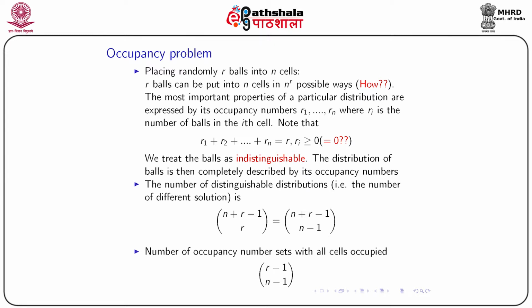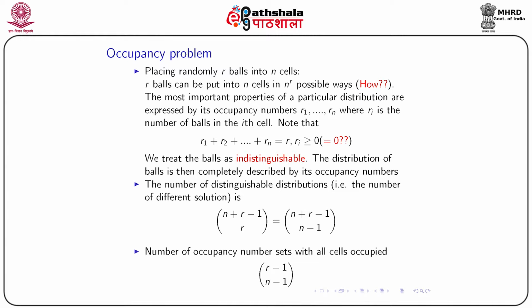And the distribution of these balls is then completely described by its occupancy numbers, because right now the balls cannot be distinguished. Under this setup, the number of distinguishable distributions, that is the number of different solutions, is n plus r minus 1 choose r, which is the same as n plus r minus 1 choose n minus 1.